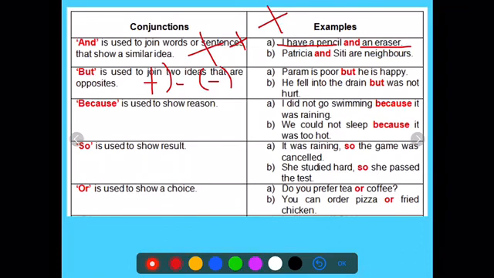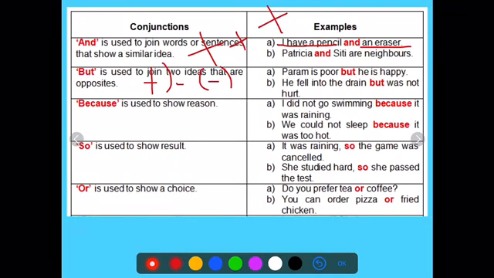All right, another conjunction is because, to show the reason of something. For example, I did not go swimming because it was raining. I did not go swimming because it was raining. Now, letter B, we could not sleep because it was too late.